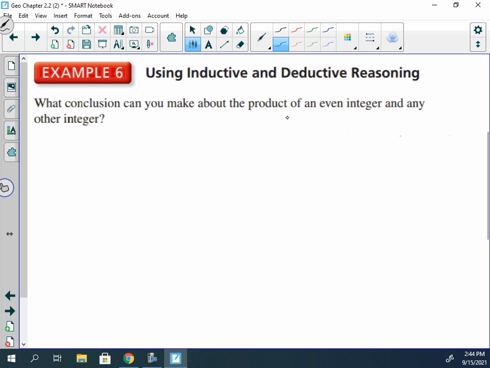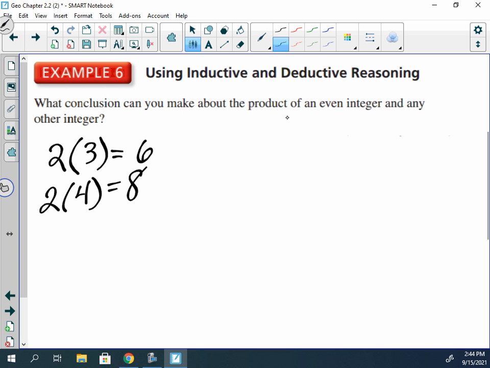I'll give you an even integer. And someone else just give me another integer. 3. 2 times 3 is? Yeah. Because it's just asking for an even and another integer. Yeah, we can do even and even. So what would that be? 2 times 4 is? 2 times 4 or 4 times 2?